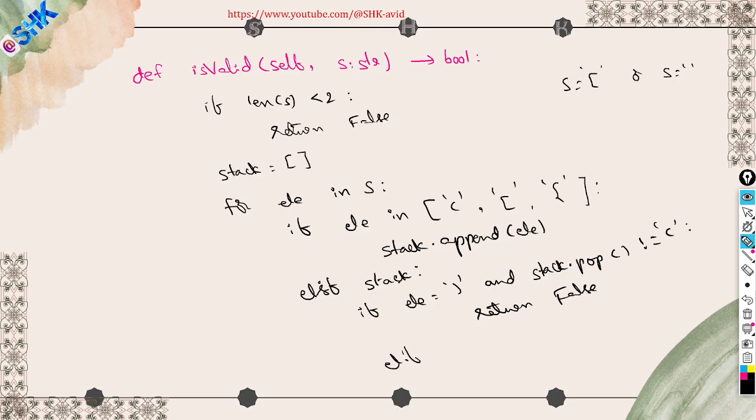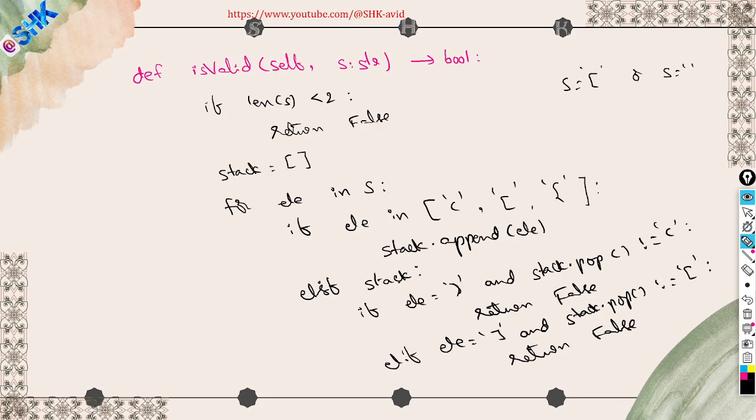Elif, suppose it is not a parenthesis, then we'll check whether the element is the closed type of square braces, and we will check whether the element which you have popped from the stack is not equivalent to the corresponding open braces, then we are going to return false.